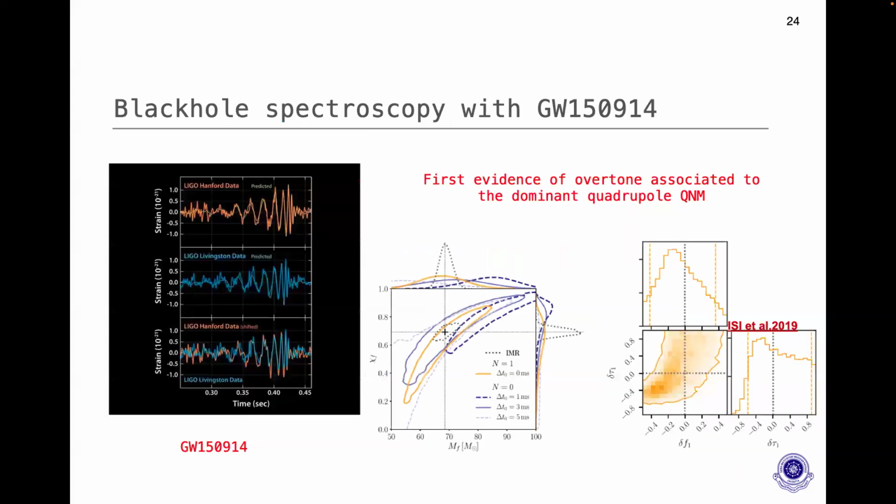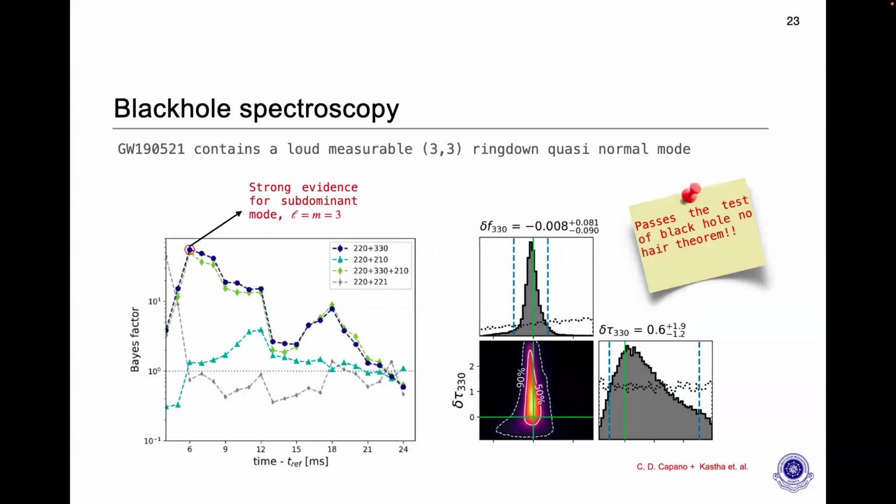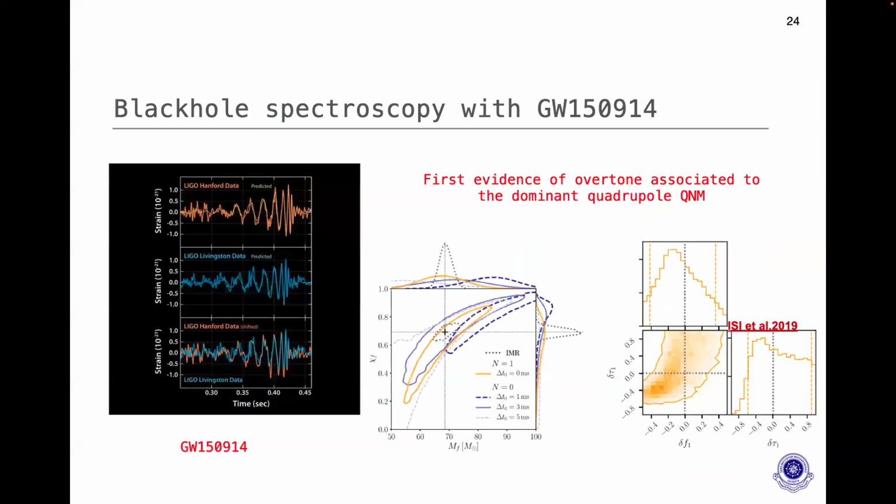As Shri Chaitanya was pointing out, we don't really know where exactly our linear regime starts. There is another event. I think no gravitational wave talk can be over without mentioning GW150914 at least once. There was a funny incident.